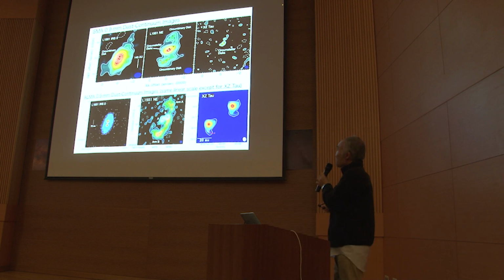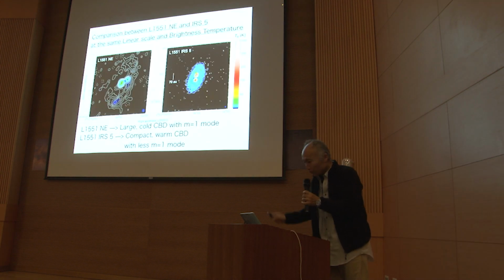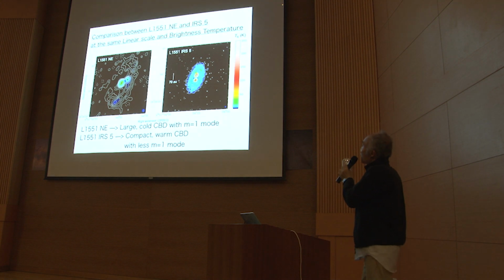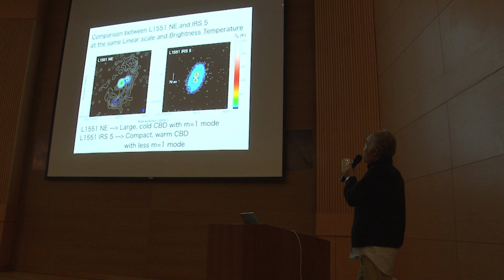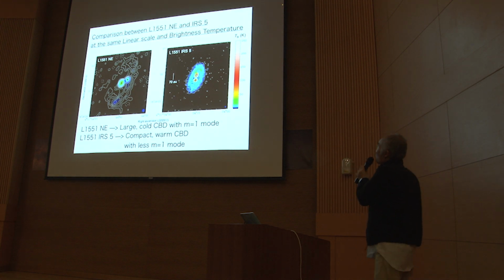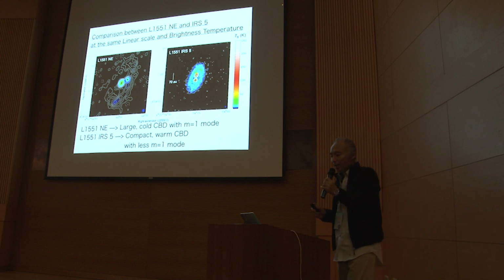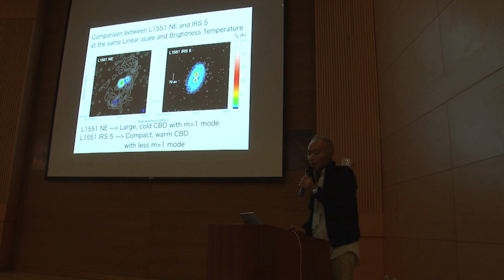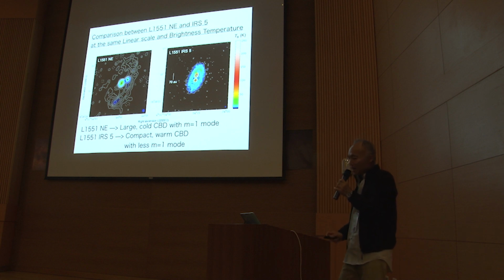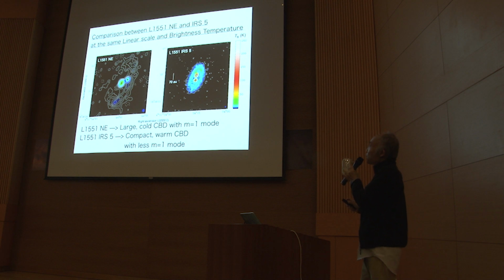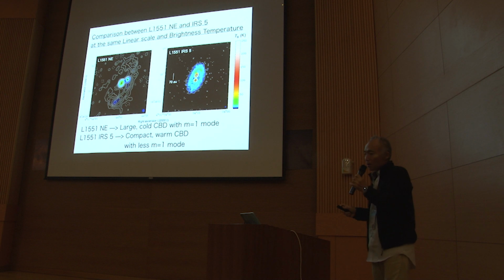So let's compare these two images, at the same linear scale and also at the same brightness temperature scale. What we see is, first, the size of the circumbinary disk in L1551 NE is larger than that of IRS5. Also, the structures are different.